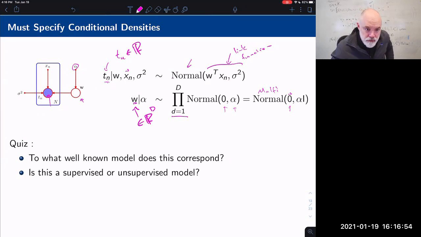Now, Jason asked if we're doing MLE with respect to alpha, would alpha still be a small dot? In the stuff we're talking about right now, we're not going to be talking about maximum likelihood at all, for most of the course in fact. We're going to frame everything as inference, just to keep things simple. So any of these are constants. They're fixed. We're not messing around with them.